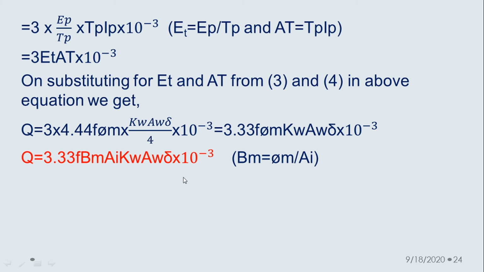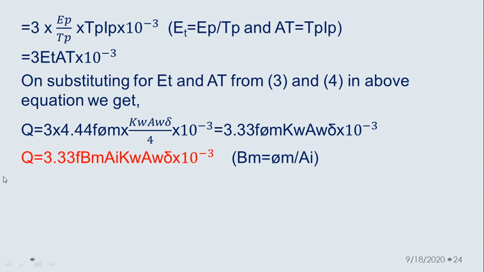In a numerical problem, if they give the net iron area and flux density, you can use this equation. If they don't give the iron area and flux density, and only give the maximum flux, then you can use the previous equation for solving the problem.